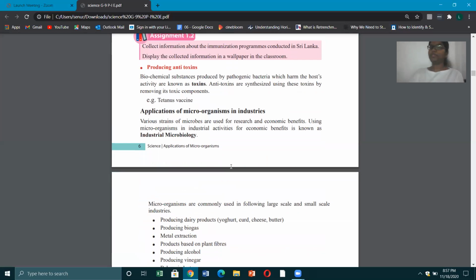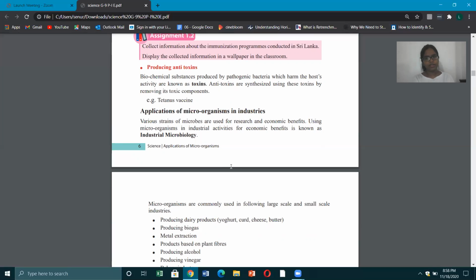Okay, so the next one is producing antitoxins. You know what toxins are? Toxins are harmful. In order to combat those diseases, you make antitoxins. Biochemical substances produced by pathogenic bacteria that harm the host's activity are known as toxins.